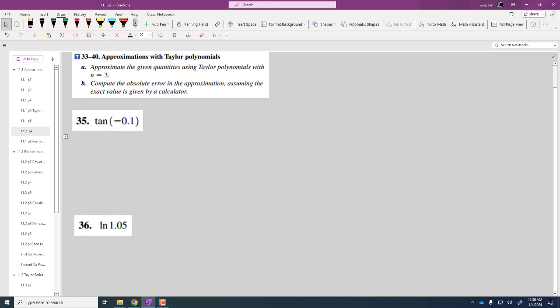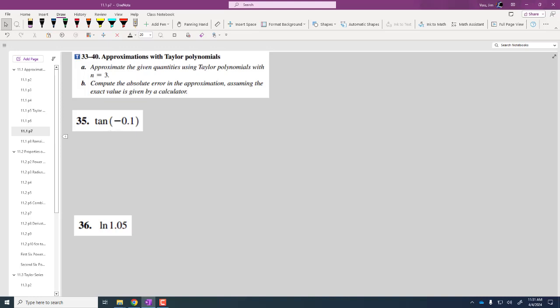Okay, so here it says, approximate the given quantity using Taylor polynomials with n equal 3. Compute the absolute error in the approximation, assuming the exact value is given by a calculator. It doesn't give us a center point then? Well, we have to figure that out. When we look at this number, obviously we're using a tangent function, and so we would want to pick a center that's super close to negative 0.1, so we'll choose 0.